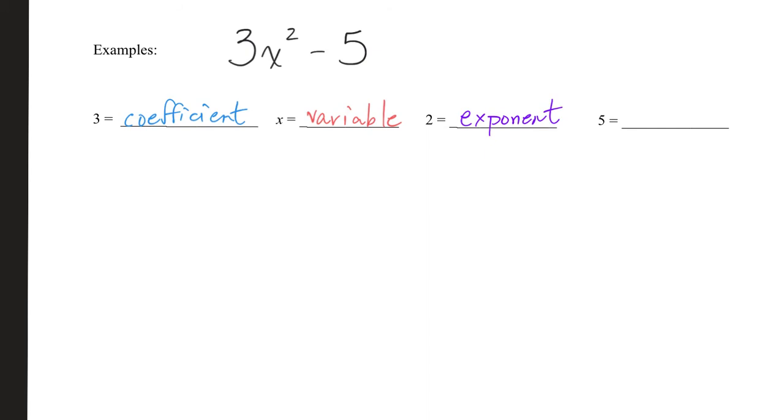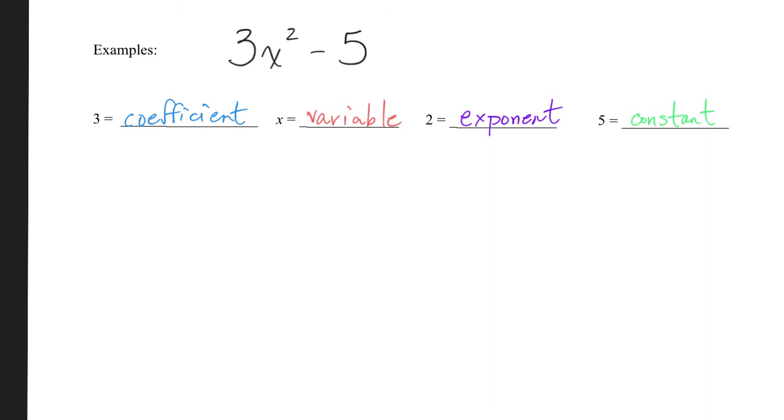I would have a lot of people that would just go like, well, my 5's like my number. And they're not really wrong about that. The only issue becomes, 3 is also a number. So how do we tell the difference between the 3 that's attached to a variable and the 5 that is not? The 5 has a different name, and it's entirely based on the fact that it is not attached to a variable.